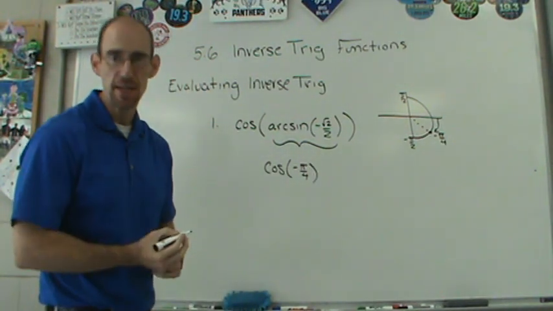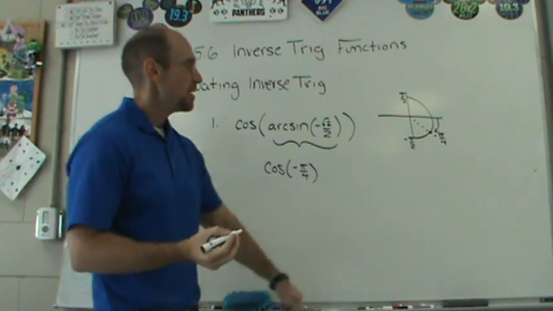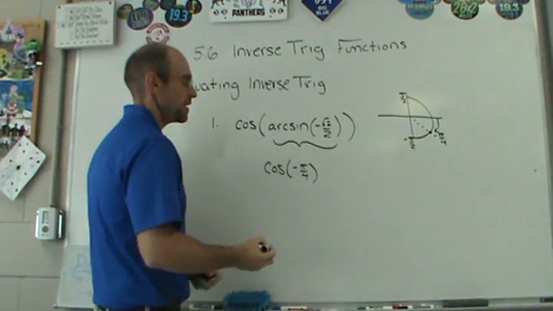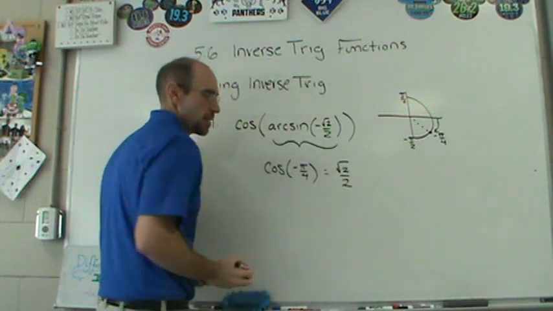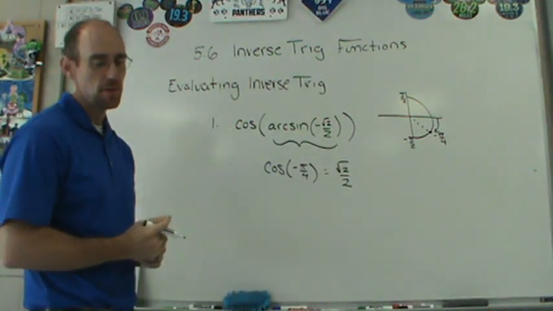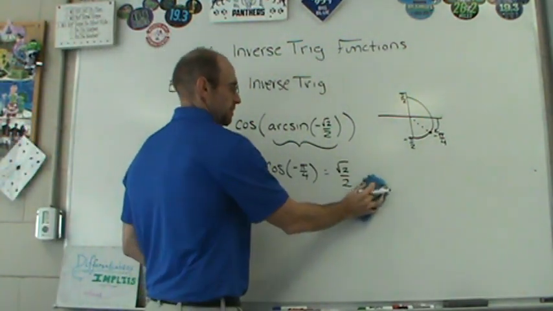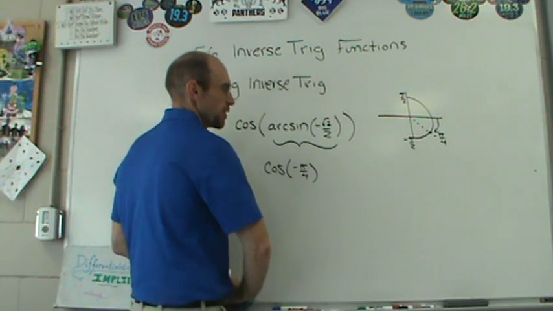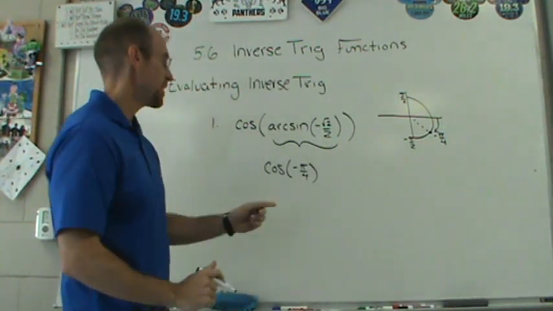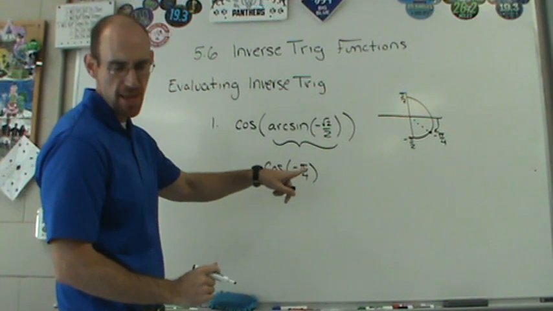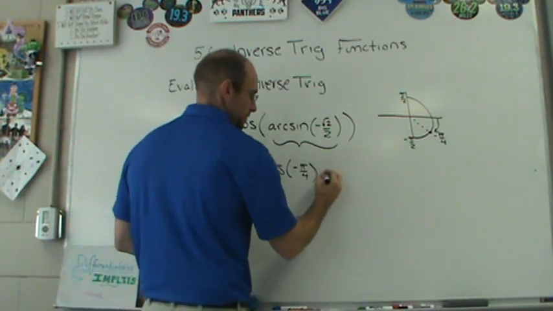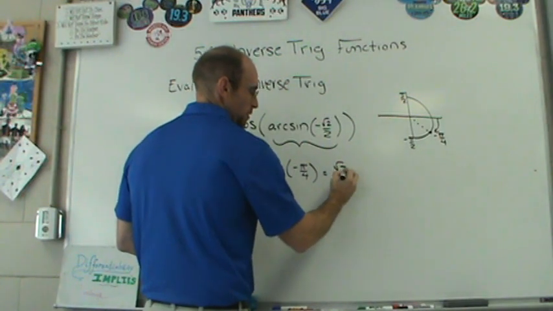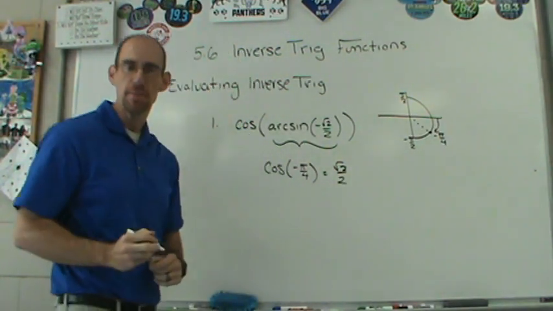Well, cosine of -π/4, we're dealing with the fourth quadrant. Cosine is actually positive. All right, there would be our answer. Oh, it'd help if we do the right thing. So we get our -π/4, and yep, we're right. Positive square root of 2 over 2. Read the wrong thing on my notes.